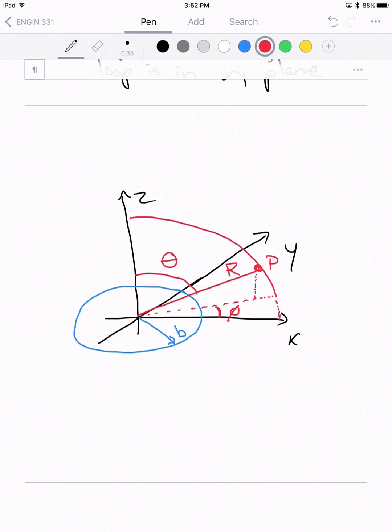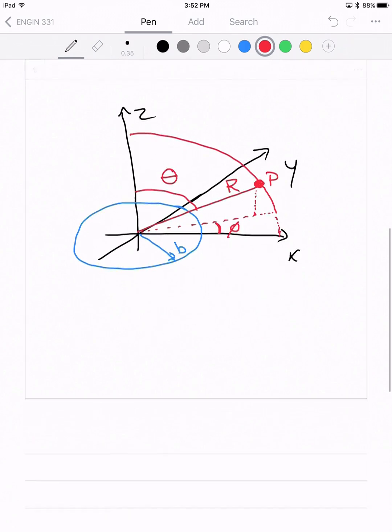Hopefully that is reasonably clear. P is somewhere between the x and y axes, not in the xy plane but someplace above it, and we project it onto the xy plane to find out what phi is.